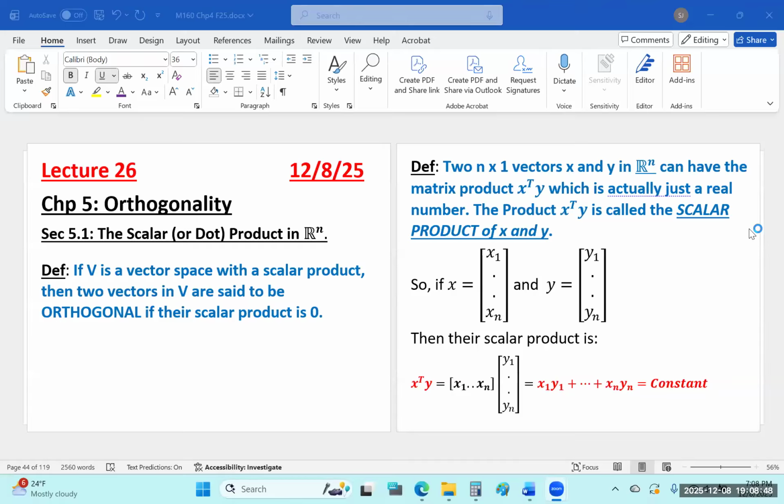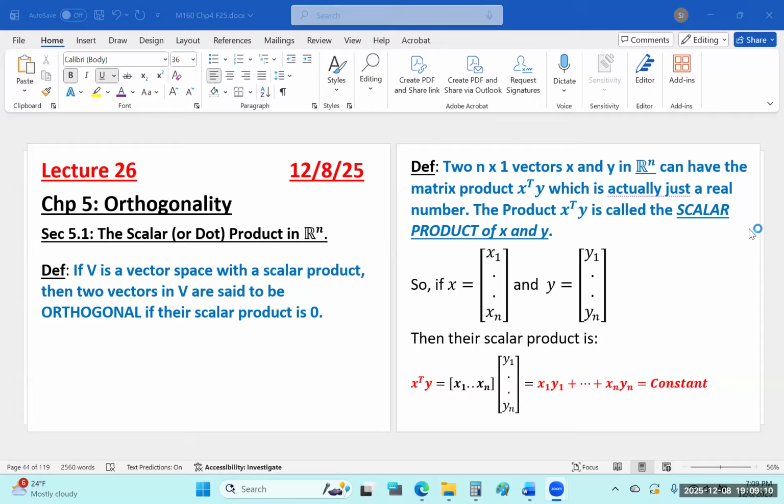Okay. So chapter 5 talks about orthogonality. 2 vectors are orthogonal if their dot product, or the scalar product between them, is 0. Another word for orthogonal is perpendicular.